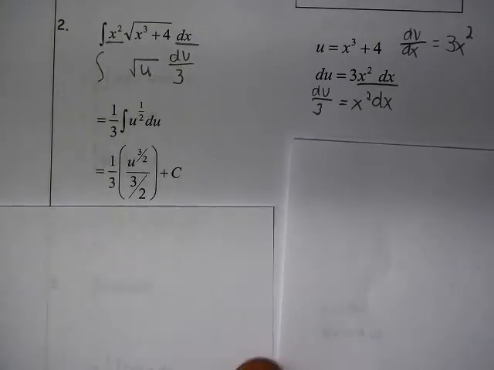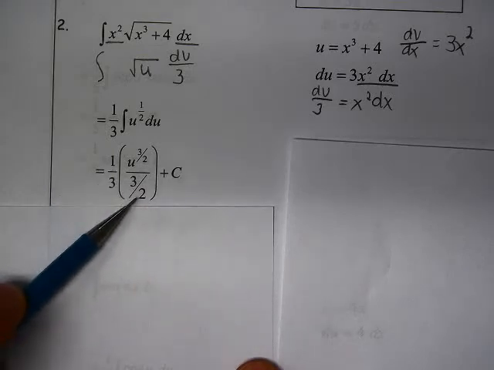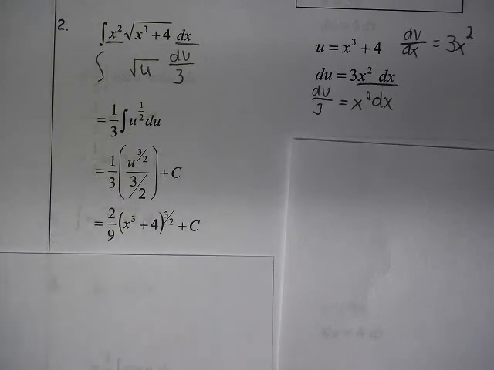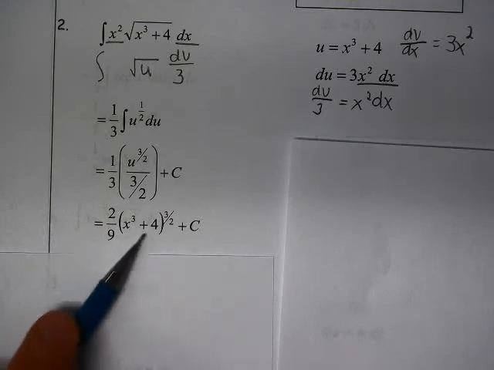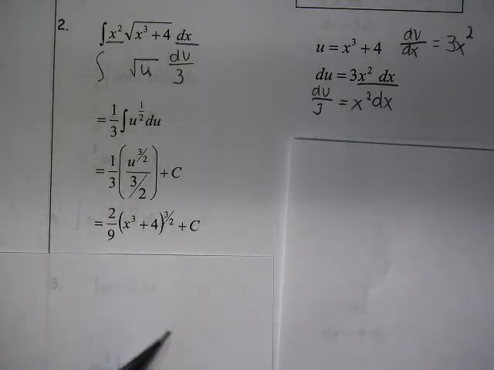I have my plus c, and then this part I'm just going to simplify. If I divide by 3 over 2, it's like multiplying by 2/3. And I substitute my x cubed plus 4 back in there for the u. So I have, instead of u to the 3/2, I have x cubed plus 4 to the 3/2 plus c.